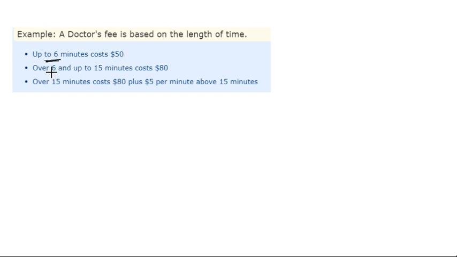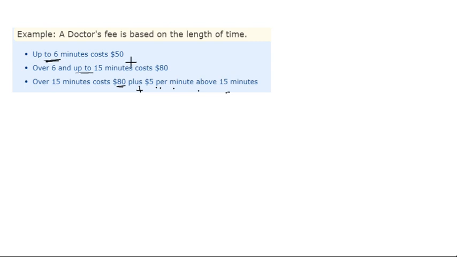If it's over 6 and up to 15, I mean between 6 and 15 minutes, it's going to cost you $80. And over 15 minutes, it's going to cost $80 fixed plus $5 per minute above 15. So write the piecewise function here.